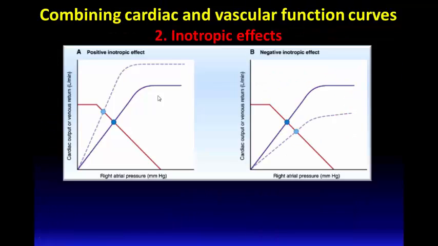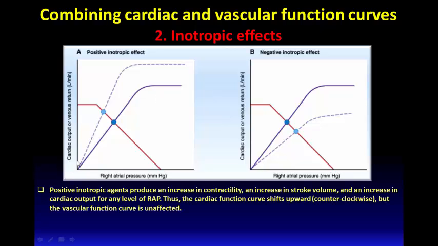Now let's describe the effects of inotropic agents on the combined cardiac and vascular function curves. Positive inotropic agents produce an increase in contractility. This is the cardiac function curve with normal contractility.